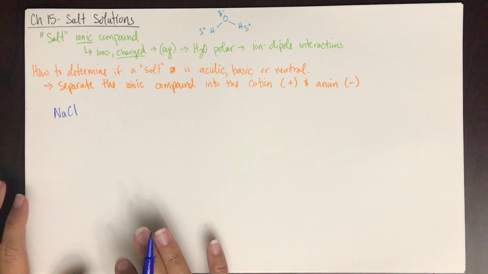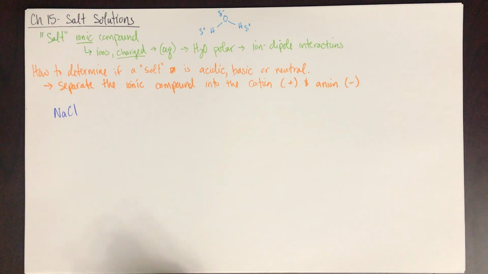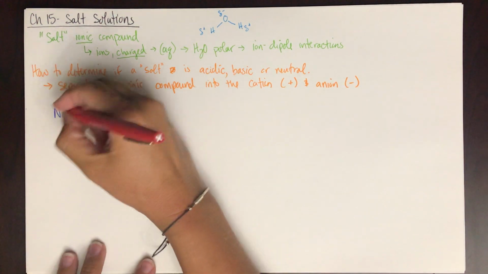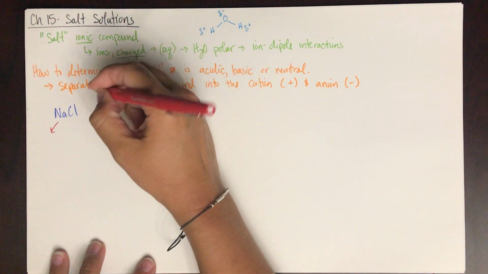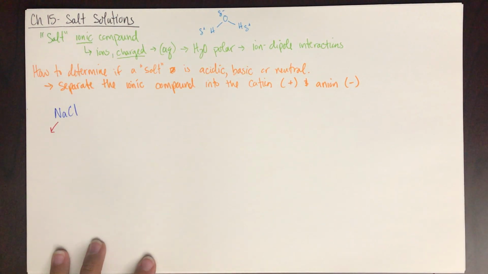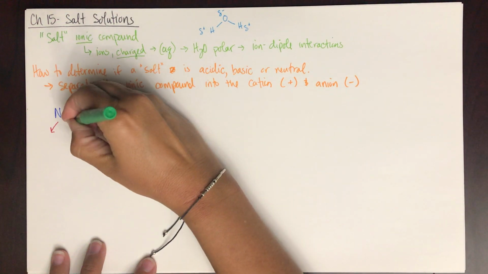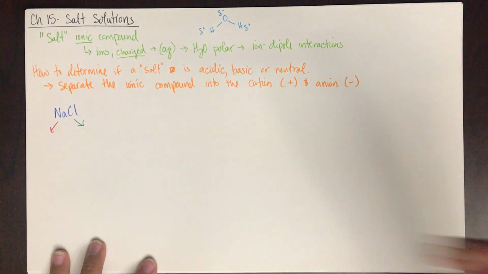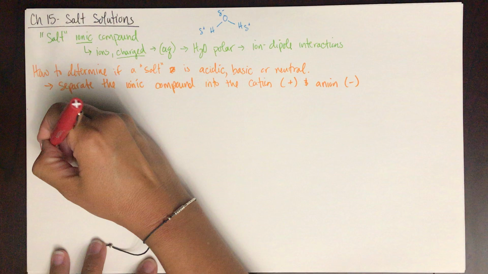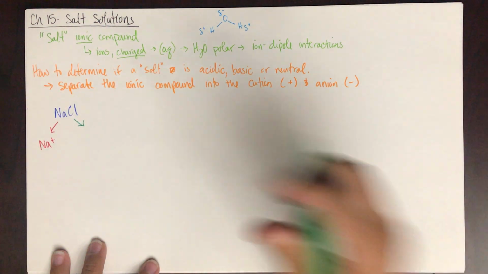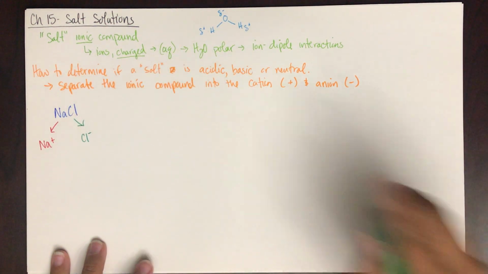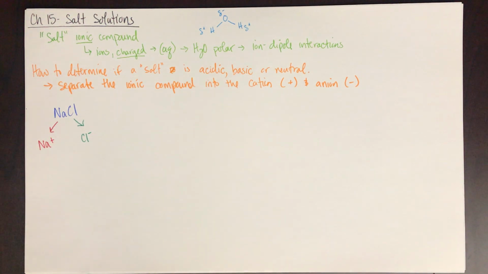So the first thing that we're going to do is separate sodium chloride into its ions. So I'm going to say what's the ion here and what's the ion here. We just said sodium, this is Na+1, and this chlorine, this is Cl-1. These are the two ions that make up this salt, sodium chloride.